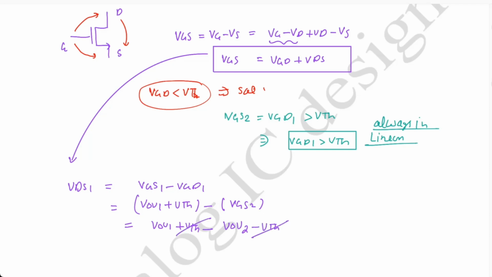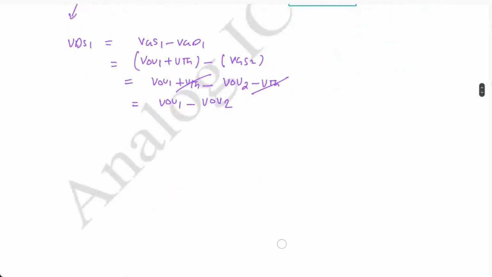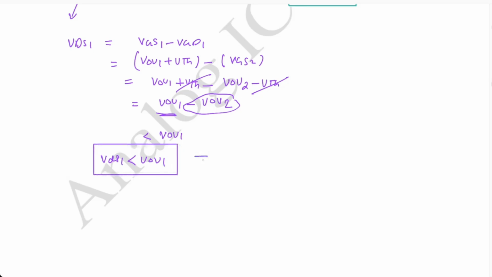The VTH cancels out, and this will be Vov1 minus Vov2. So see here, something is being subtracted from Vov1, so VDS1 is less than Vov1. From here also, we can say that M1 is in linear region.